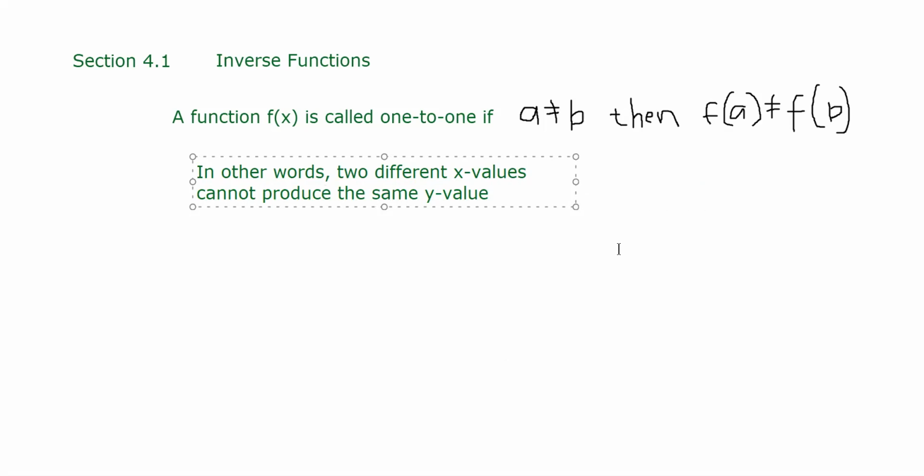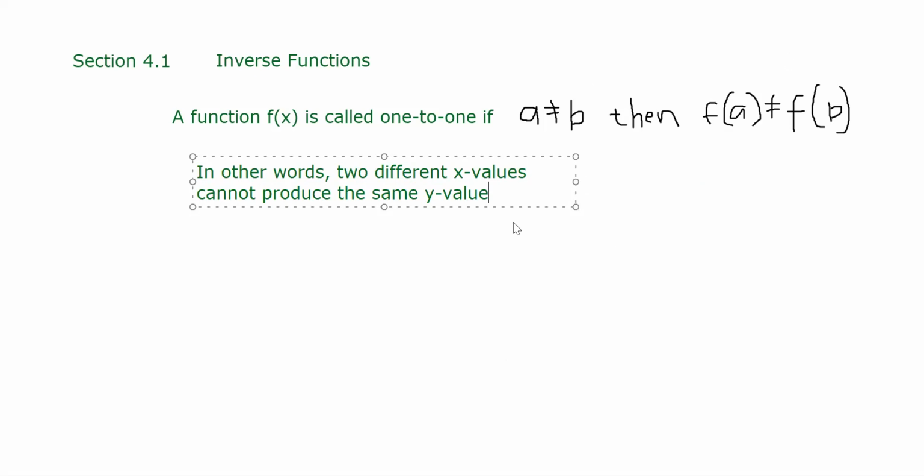Now you'll recall we defined what it meant to be a function earlier in the semester. It had to pass a vertical line test, and it said that a single x value can't produce two different y values.